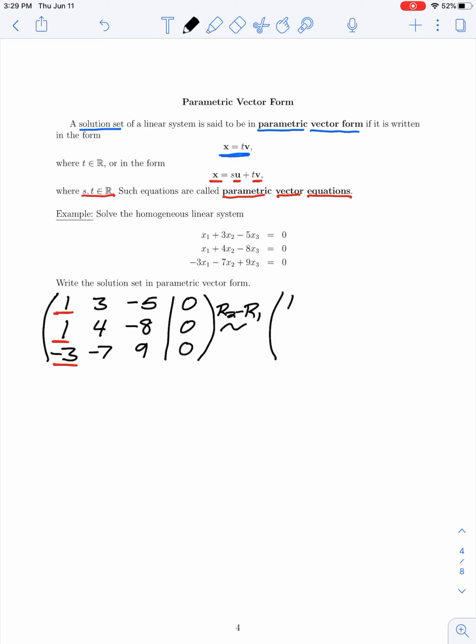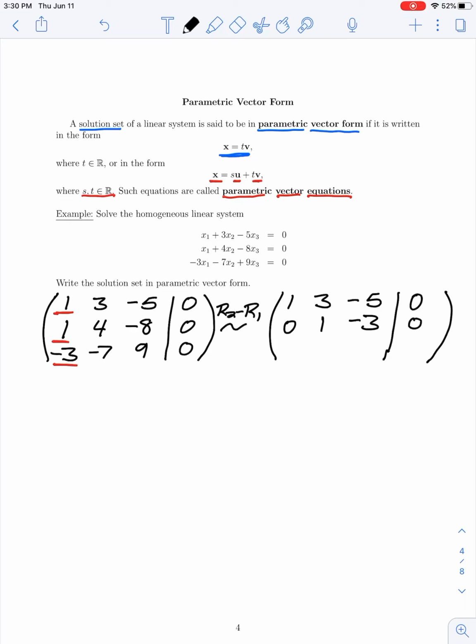So my first row remains 1, 3, -5, 0. My second row gives me, let's see, 1 minus 1 is 0, 4 minus 3 is 1, -8 minus the -5, or plus 5, is -3, and 0 minus 0 is 0.